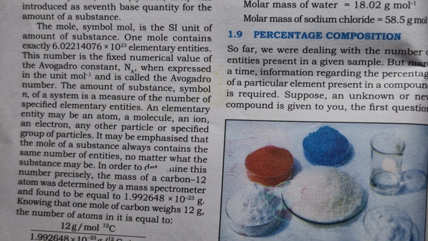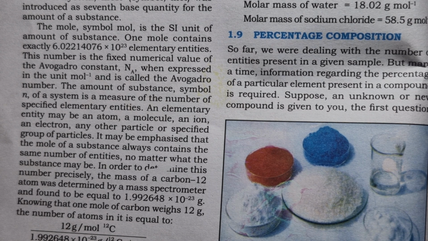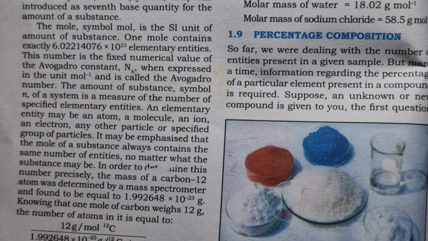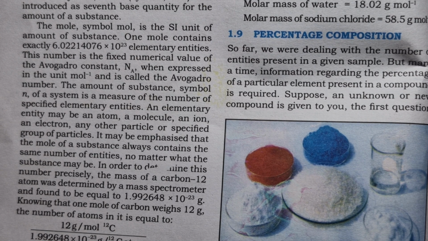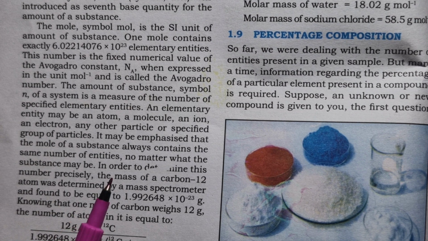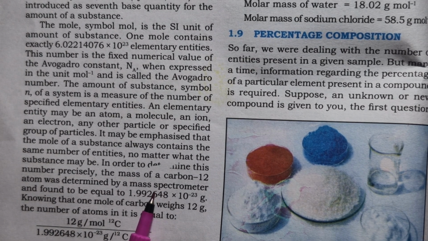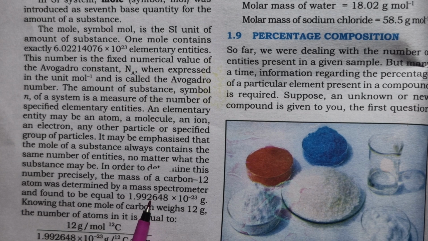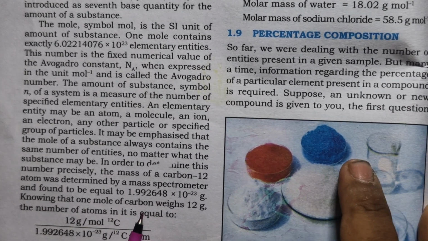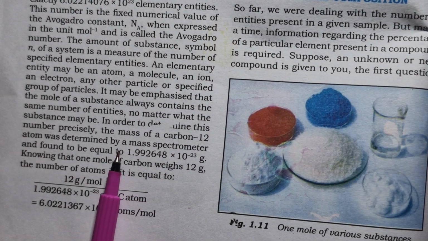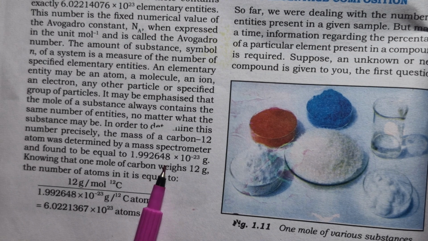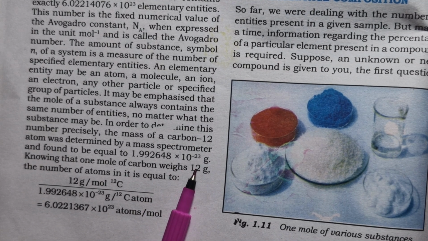Now, how did they support this with evidence? There is something called a mass spectrometer, where you break down the atom into the simplest form possible. Using that mass spectrometer, they found that the mass of one atom of carbon is 1.992648 into 10 power minus 23 grams.